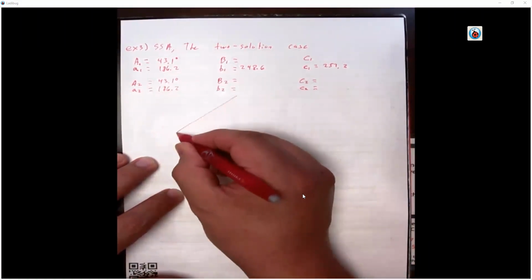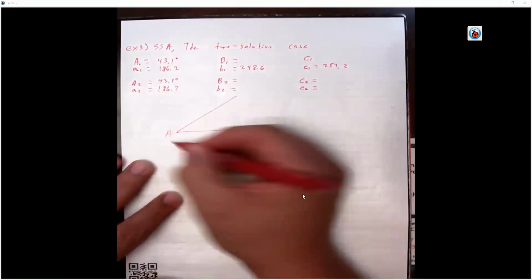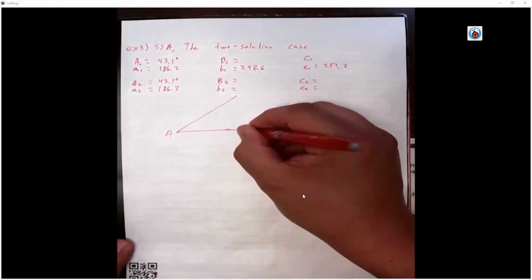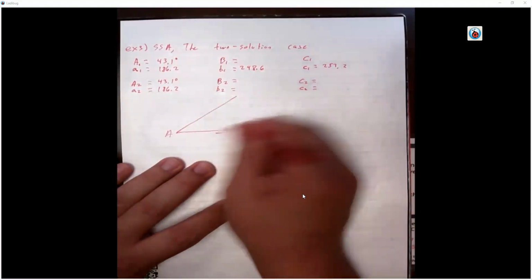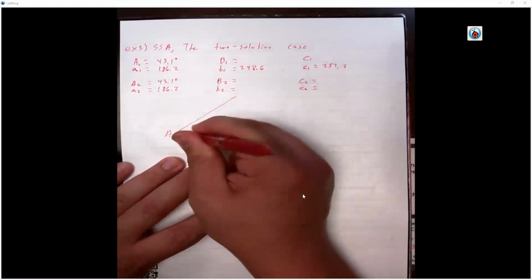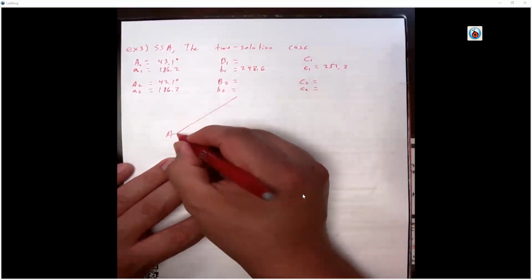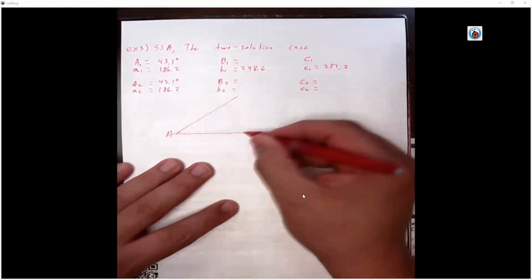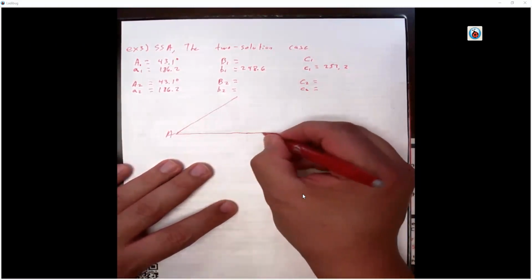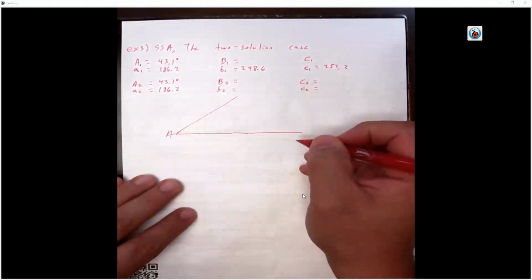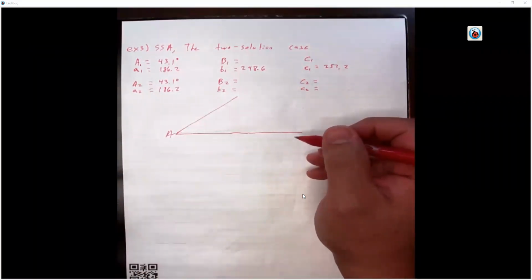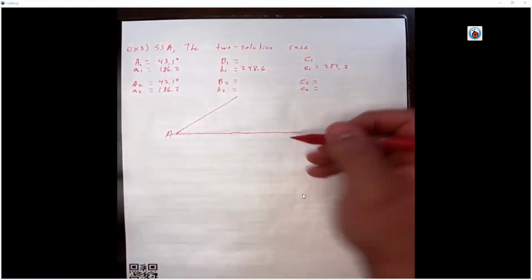So here's A. That one just opening that way. So there's going to be more than one B and more than one C angle.